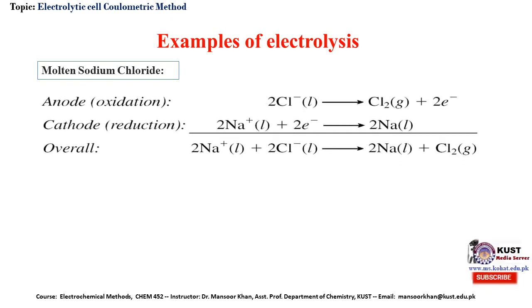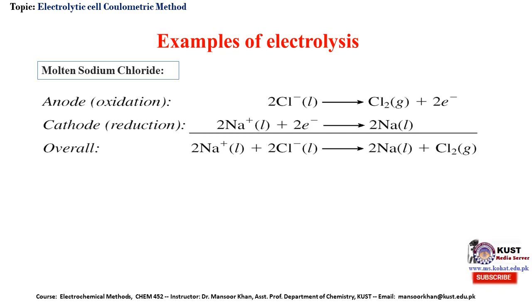This is the overall reaction of molten sodium chloride when you immerse an anode and cathode in it. In this case, the electrolytic solution is molten sodium chloride, which consists of negative chloride ions and positive sodium ions. Negative chloride ions are called anions and positive sodium ions are called cations.